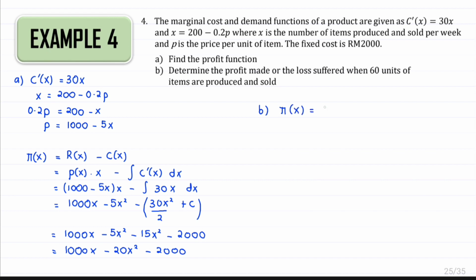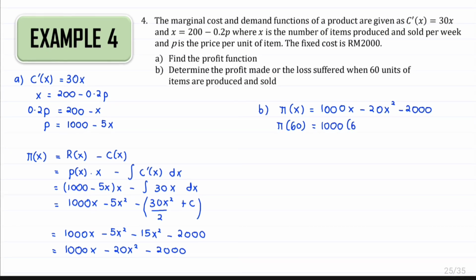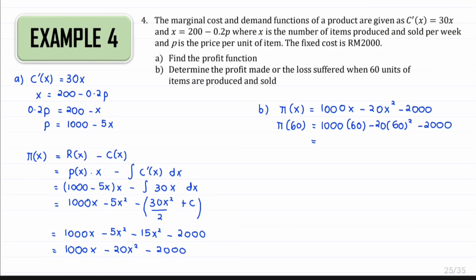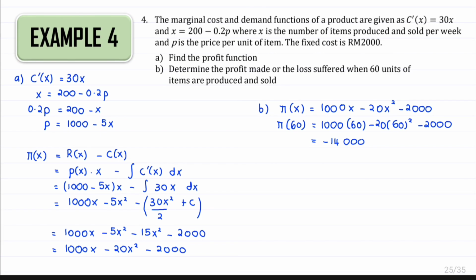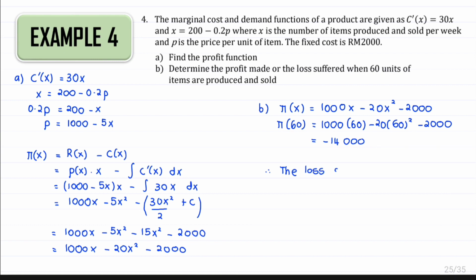Then we get the answer negative 14,000. Since it is negative, we lost. So we conclude the loss suffered is RM 14,000 when 60 units of items are produced and sold.